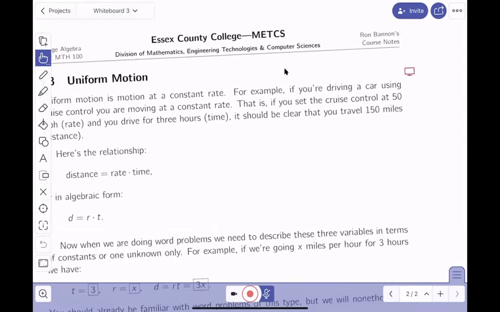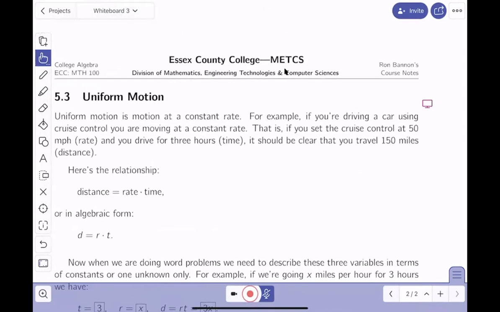By the way, typically we do not move uniformly, but we try to simplify this problem, saying that uniform motion is something that's traveling at constant rate. So constant rate's really important. Now, again, the rate may change, but we're going to say for some duration of time, it's traveling at a constant rate.